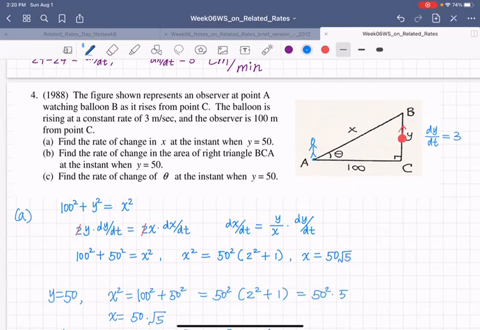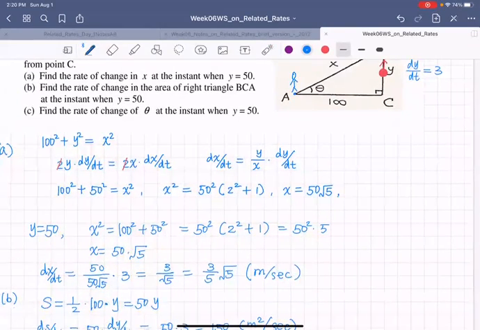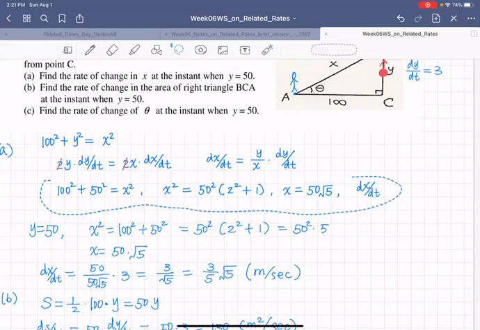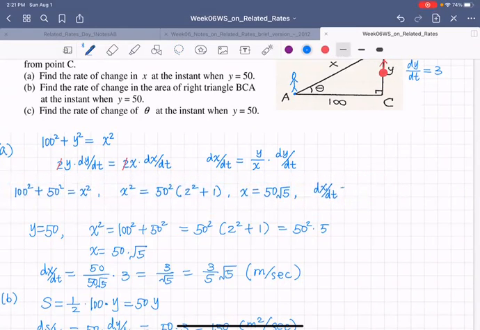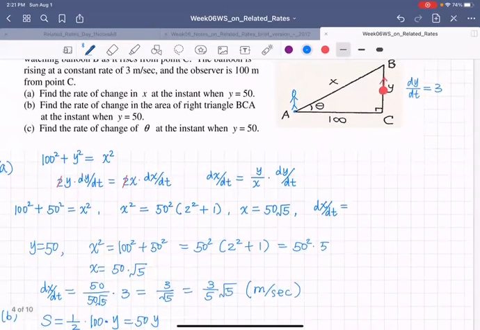Okay. Now you can plug in. Now you can plug in, okay? So dx over dt equals, y equals 50, divided by 50 square root 5, and then times 3.